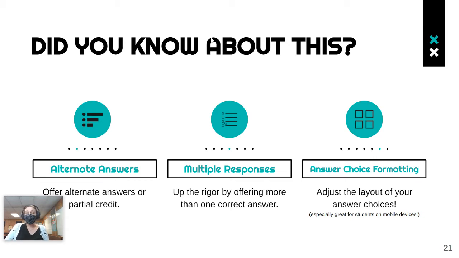And finally, you can adjust the answer choice formatting, which can make the question or learning activity mimic something that's more familiar to students or even help set it up so that when they do take a standardized test later on, they're a little more familiar with the format. Also, formatting can help with students who may be accessing the Schoology assessment from a mobile device like a tablet or a phone. Let's take a look at the first one, alternate answers.